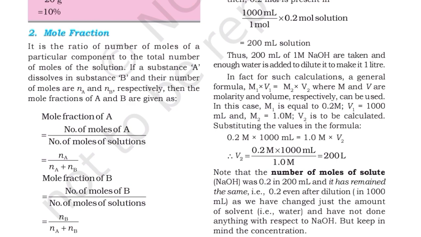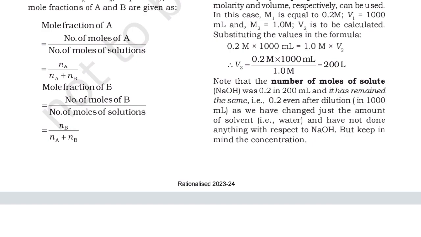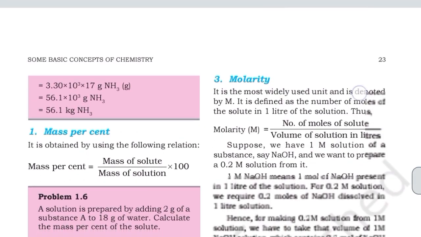If a substance A dissolves in substance B and their number of moles are Na and Nb respectively, then the mole fractions of A and B are given as: mole fraction of A is equal to number of moles of A divided by total number of moles of solution, which is equal to Na by Na plus Nb. Mole fraction of B is equal to Nb by Na plus Nb.